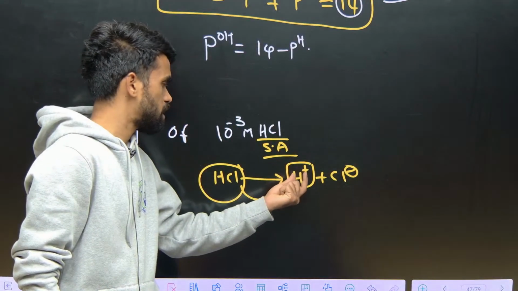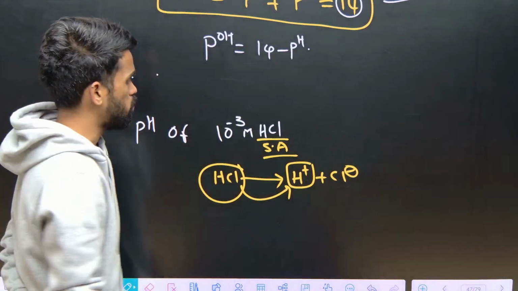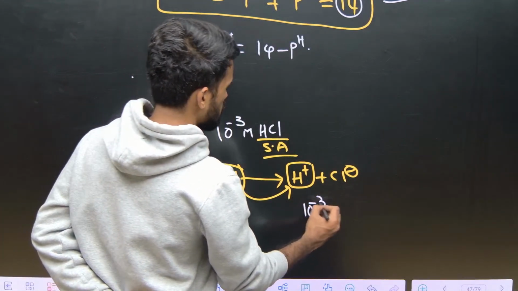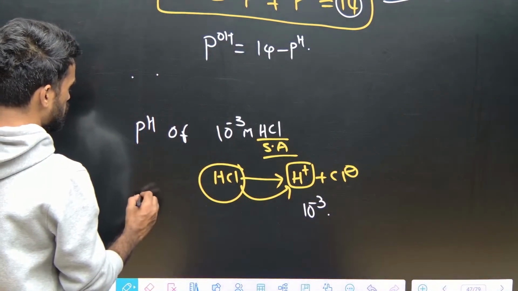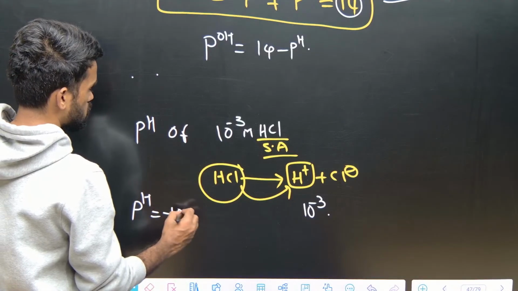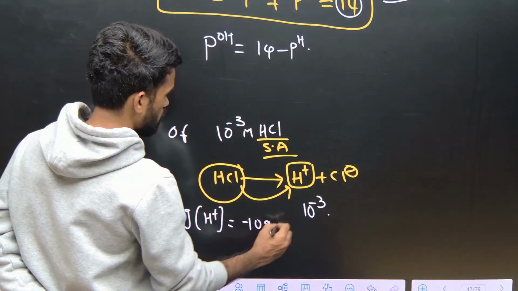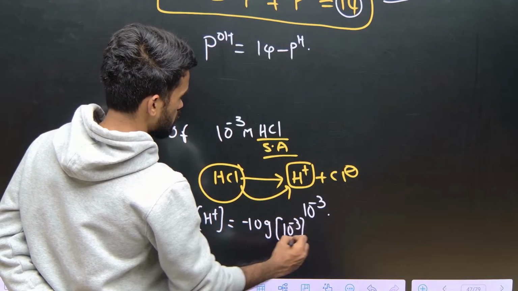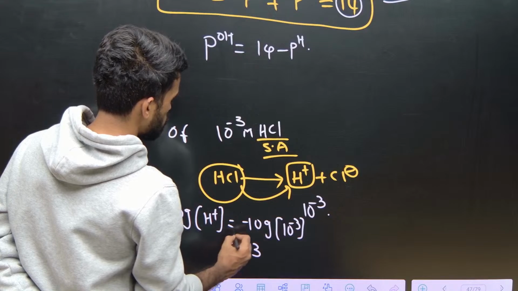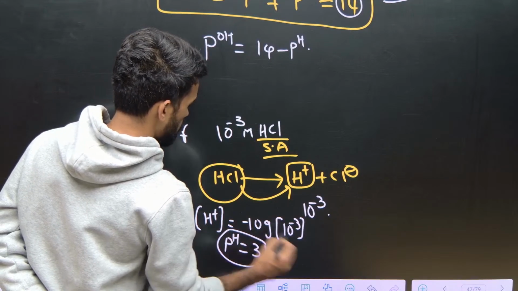The total H plus ion comes from this acid only. So how much is it? 10 power minus 3. If it is 10 power minus 3, pH can be written as minus log concentration of H plus, that is minus log of 10 power minus 3, that is nothing but 3. pH is how much here? 3. That's it. This will be your answer.